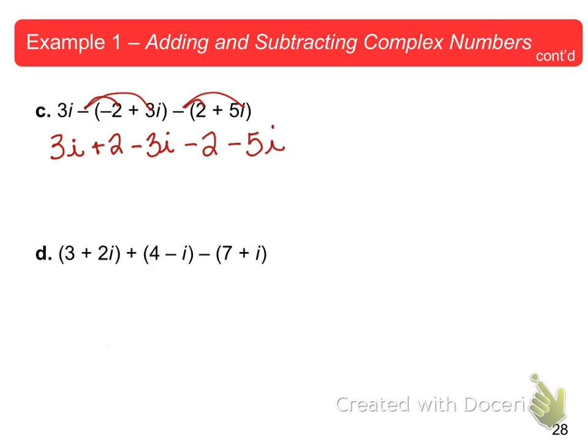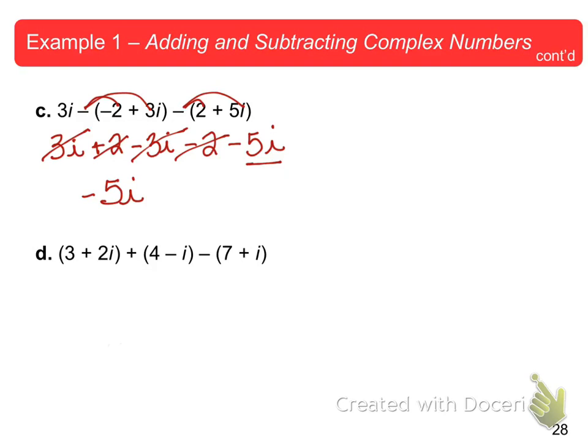Okay, I'm going to combine like terms. 3i and negative 3i go away. What am I left with? Negative 5i. What happens to my 2 and my negative 2? Yep, they cancel out. I'm left with negative 5i.